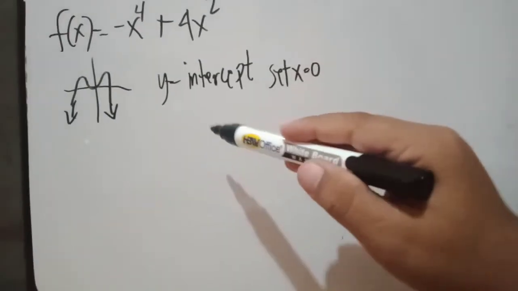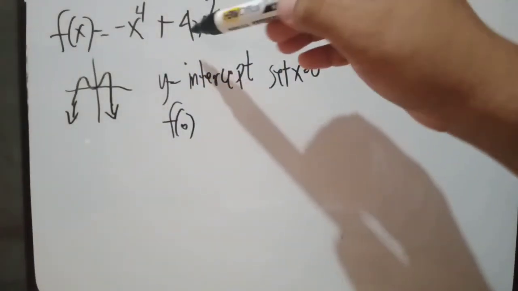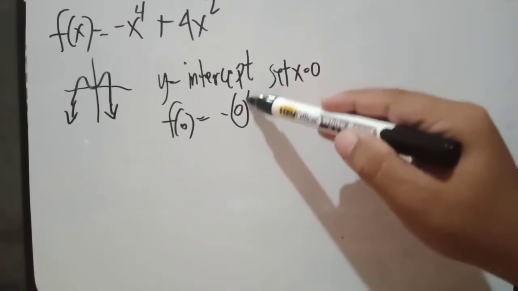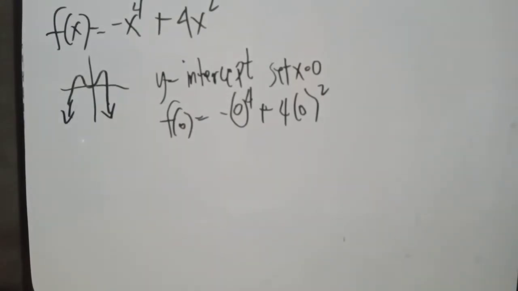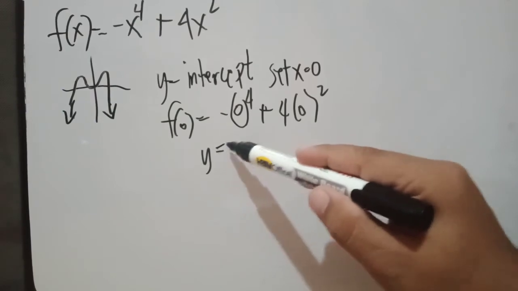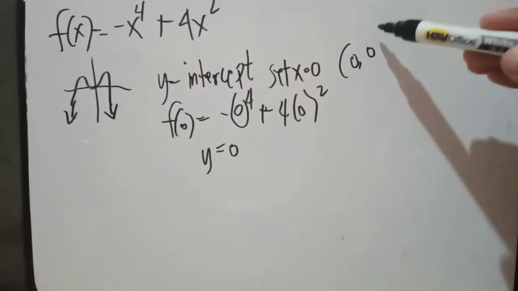Then f of 0, using this given function, is equal to negative 0 raised to the power of 4 plus 4 times 0 raised to the power of 2. So therefore our y is 0, and our y-intercept is (0, 0).